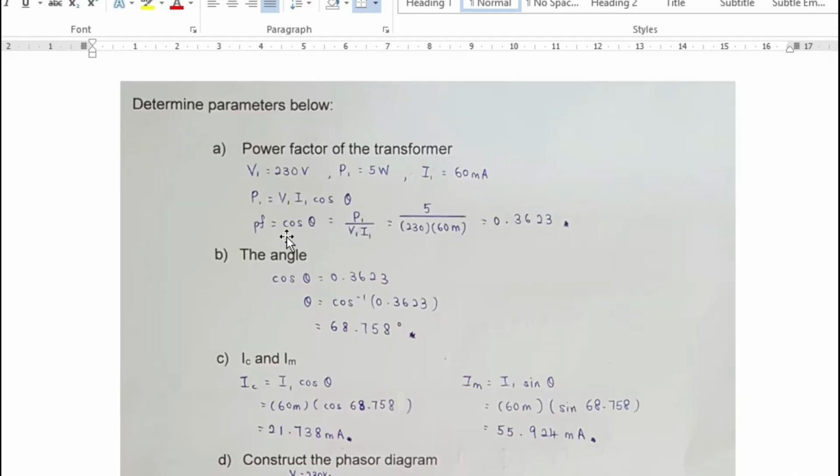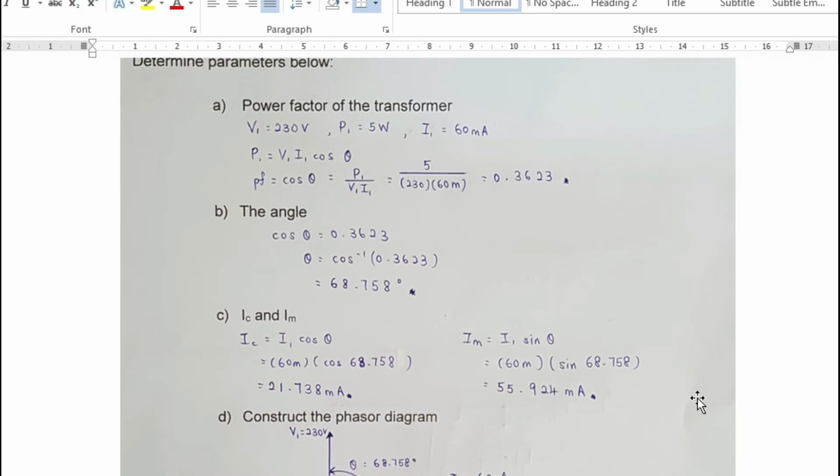To find the power factor, we use P over VI, where the power, current and voltage are already given, and we just apply the formula. We got the calculation result of 0.3623, and the angle is 68.7 degrees.